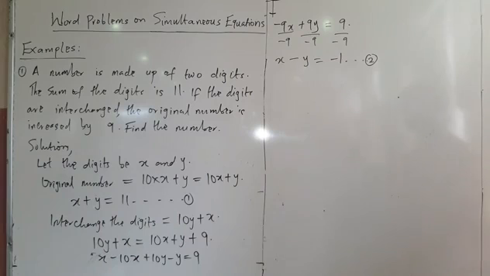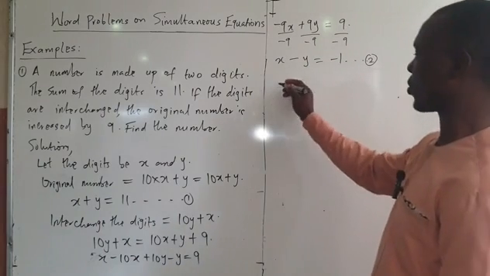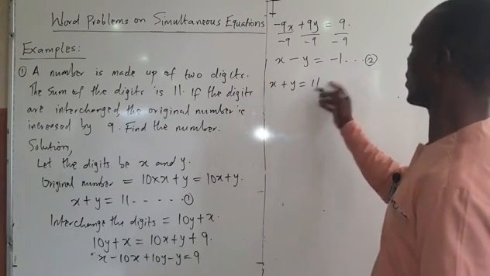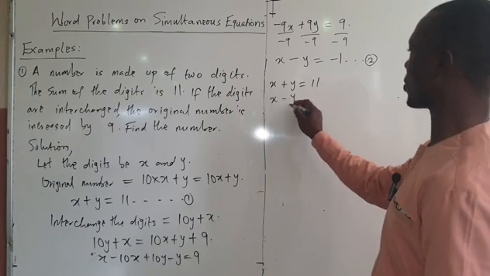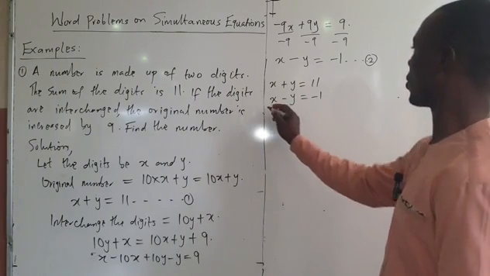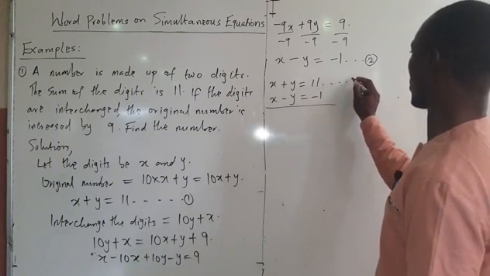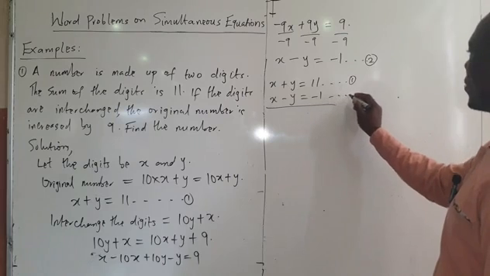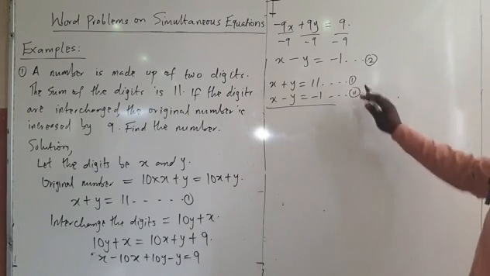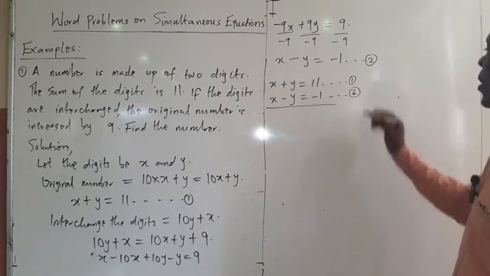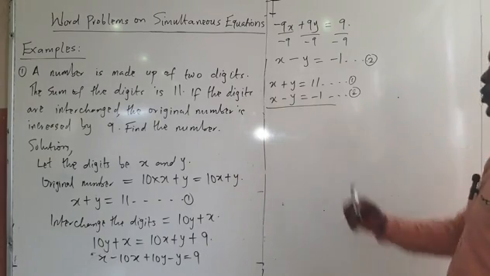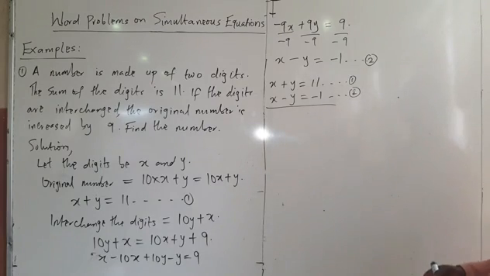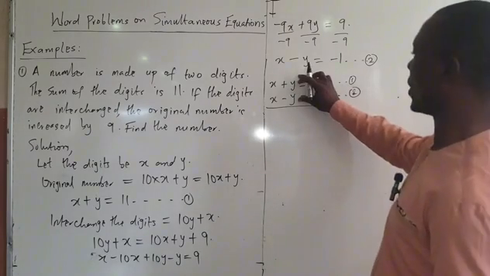So we now bring equations 1 and 2 together. Equation 1 is x plus y equals 11. Equation 2 is x minus y equals minus 1. We now solve this simultaneously using the elimination method of solving simultaneous equations.